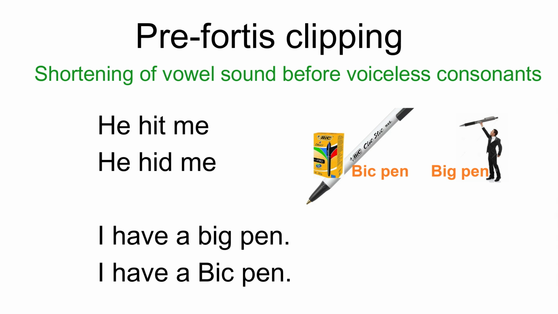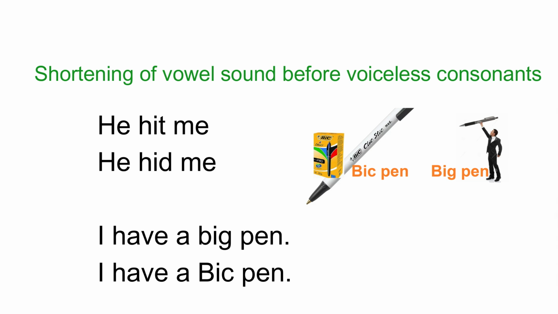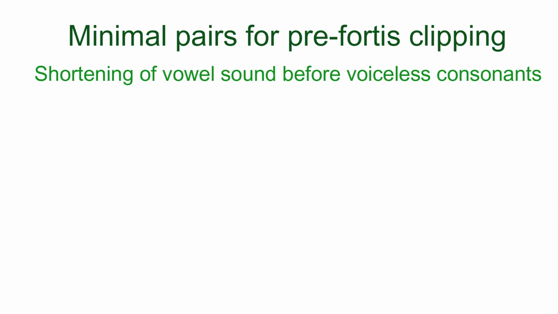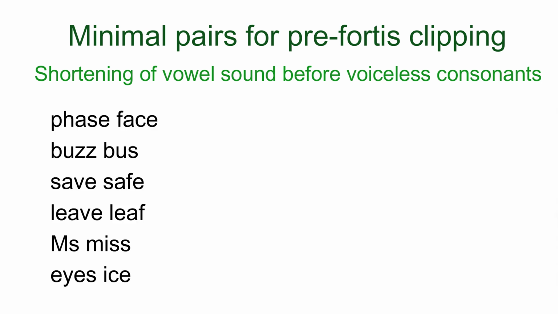The vowel sounds of hit and bit are shorter than those of hid and big due to the pre-fortis clipping. These are examples of minimal pairs where two words differ only in the voicing of the ending sound. One is voiced and the other is not voiced. For this reason, they differ in vowel length.